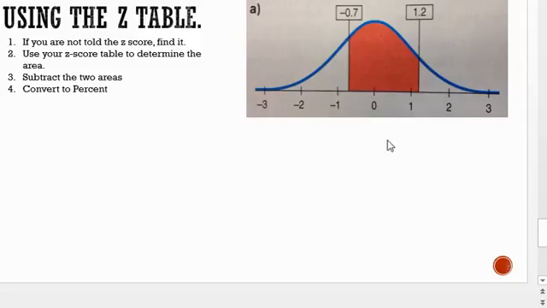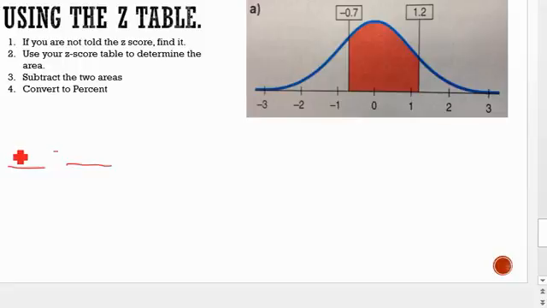So if we look at this problem here, we know that we have -0.7 and 1.2. Using your z-score table, please go and find the z-score for -0.7. You would write that there. You then go to the z-table and find the z-score for 1.2.